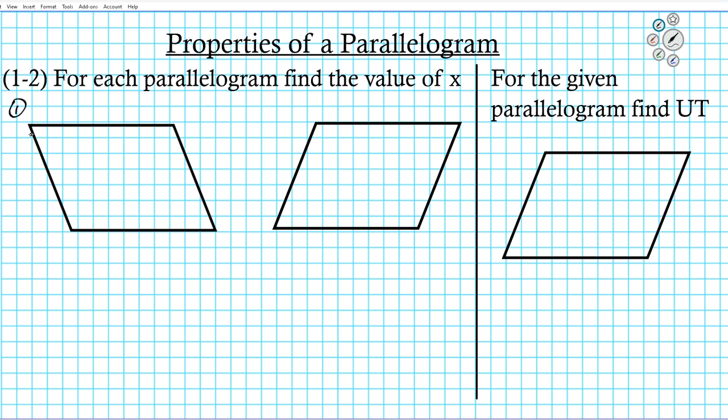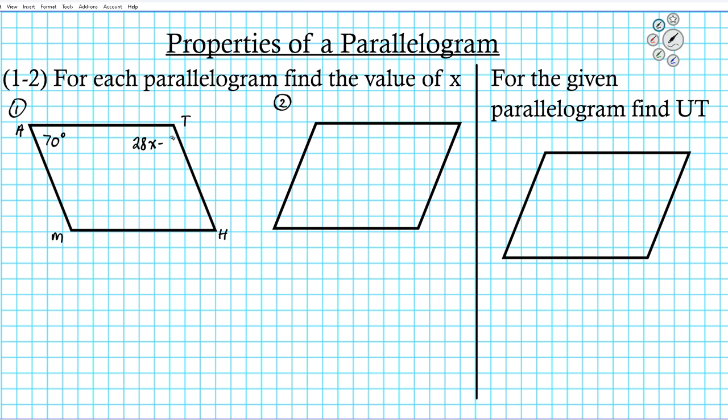So for number 1, let's say we have parallelogram MATH. Angle A is 70 degrees and angle T is the quantity 28x minus 2. The task is to find the value of x.